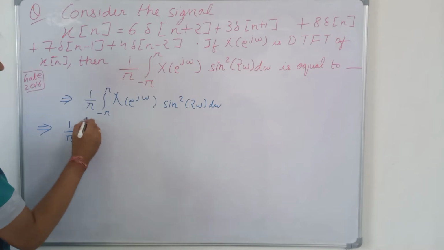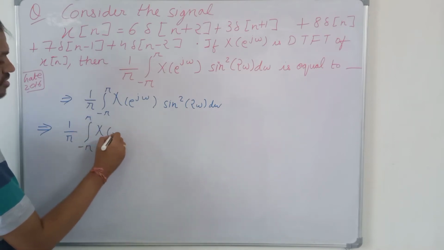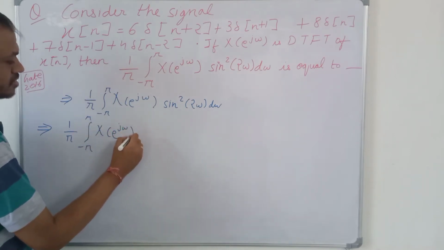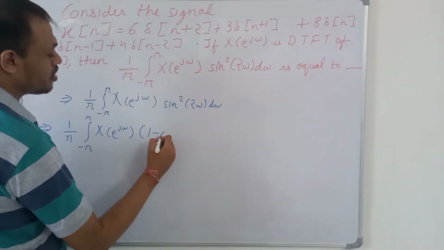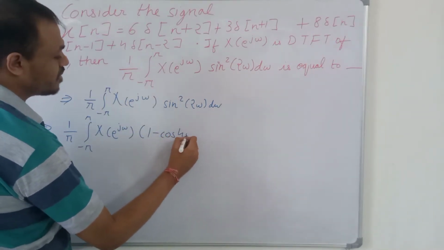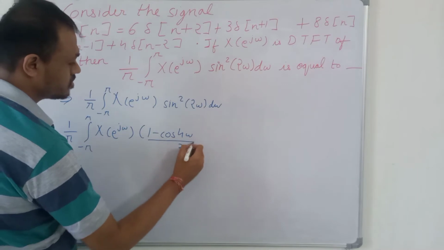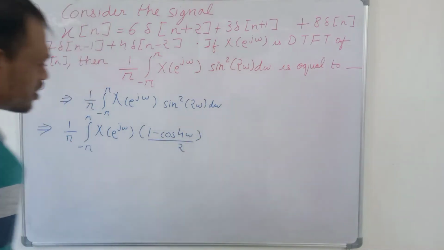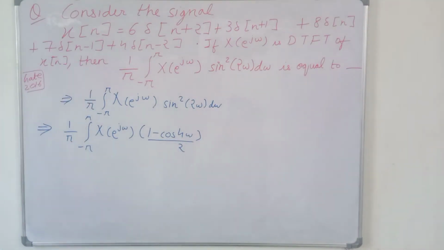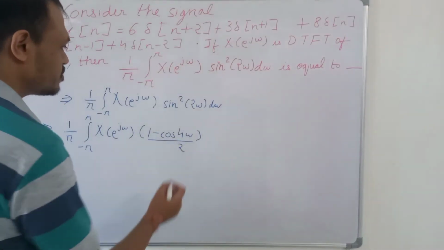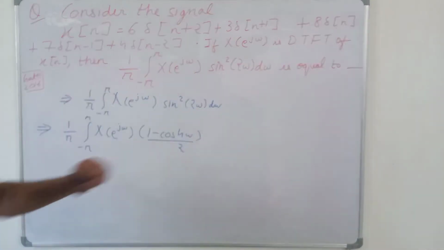We can write sine square of 2 omega as 1 minus cos of 4 omega upon 2, because cos 2 theta is 1 minus 2 sine square theta. So this can be written in this way.